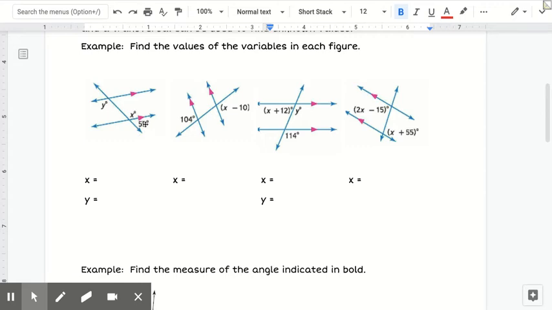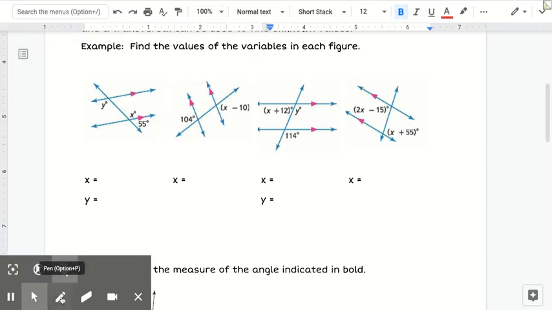The relationship between this angle and the one right next to it is that they form a linear pair. Since they are a linear pair, they are supplementary, so I can add them together and they equal 180 degrees.